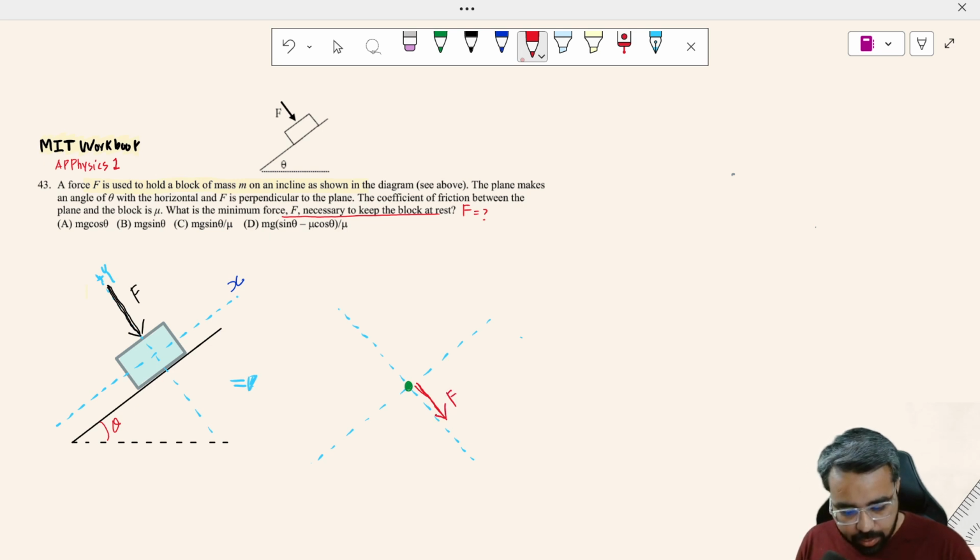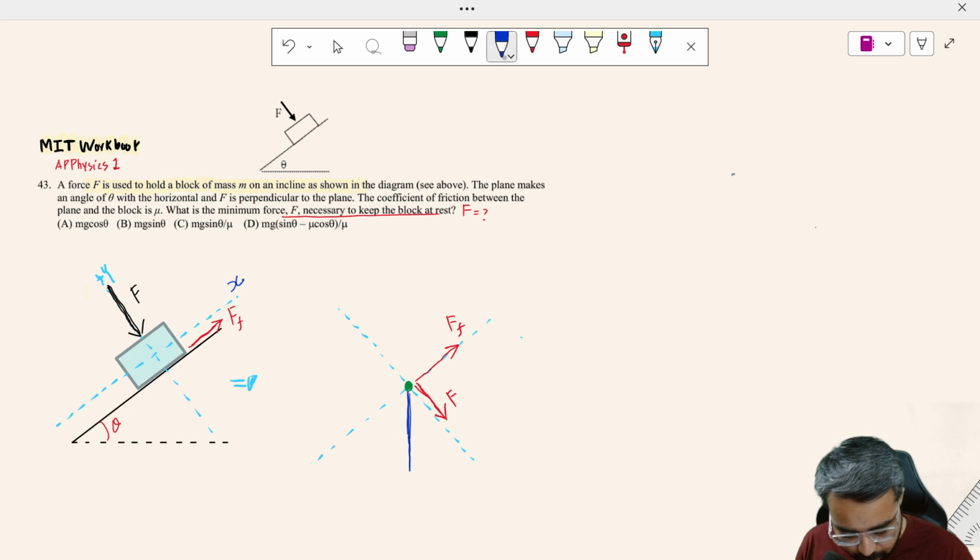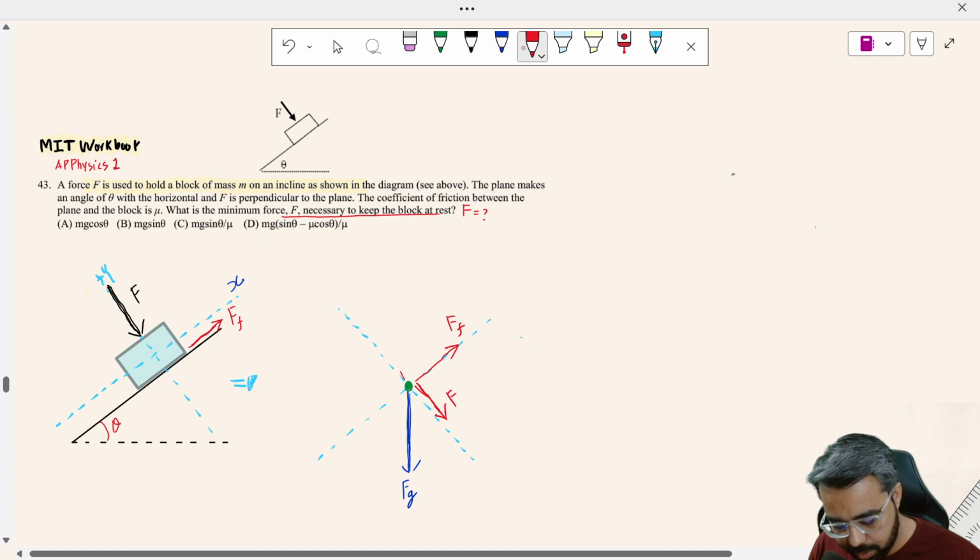Okay, and what should be the direction of the frictional force? So let's say this is the frictional force, and this should be the direction of weight. Okay, so weight Fg. Now I will draw the maximum length of the normal force.